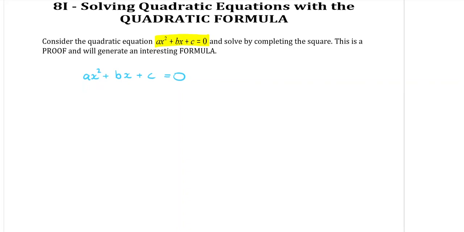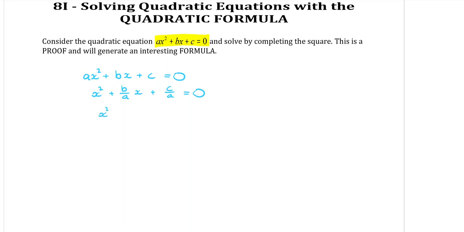Now, to complete the square, it's going to look a little bit weird, but that's because of all the letters that are in there, but it's the same process that we've been learning. The first problem we have, though, is that we always have monic quadratics when we do completing the square method, and this one has an a in front of it. So the first thing I'm going to do is divide the whole equation through by a. That would give x squared plus b over a x plus c over a equals 0.